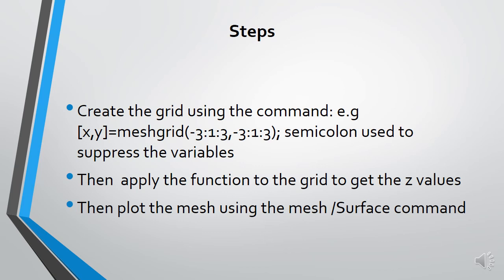So you create the possible values of x and y between -3 and 3. Then you apply the function to the grid to get possible values of z. Once you've evaluated z, then now you've got three sets of values: values for x, values for y, and values for f of x and y. You are then able to plot the 3D graph using the mesh or the surface command.